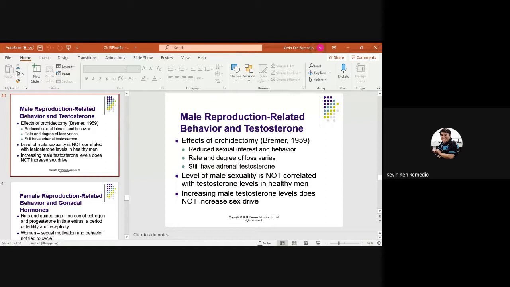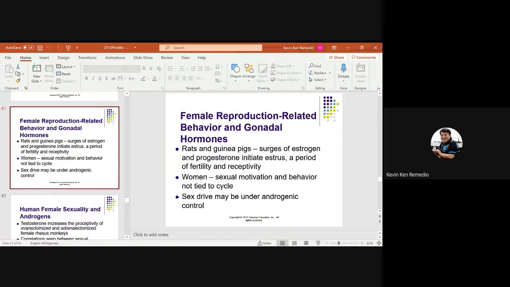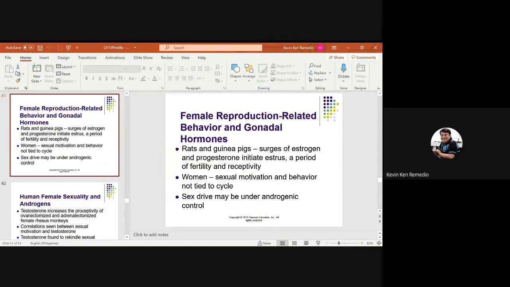Okay? So, how about the female reproduction related behavior? For females, sexual motivation and behavior is not tied to the menstrual cycle. Okay? The sex drive of females may be under androgenic control.